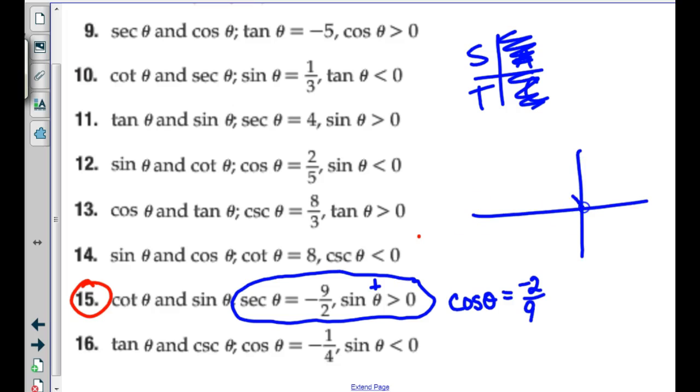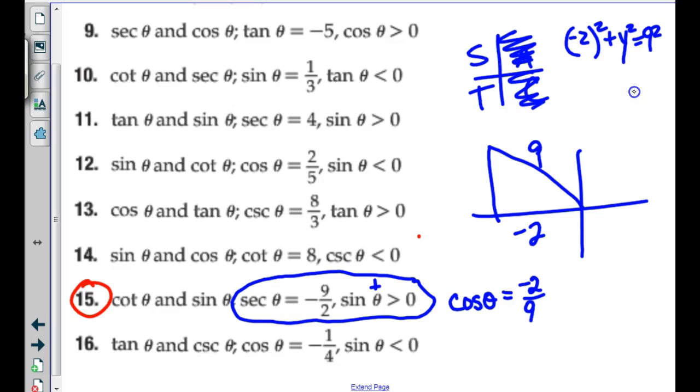Okay, so drawing my bow tie triangle in quadrant 2. If the cosine is negative 2 over 9, that would be adjacent over hypotenuse. Then if I do 81 minus 4 is 77. Somebody help me. Is that right? 81 minus 4? Okay.